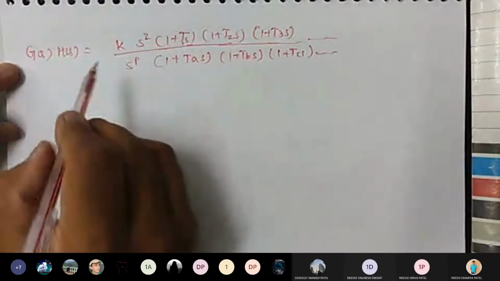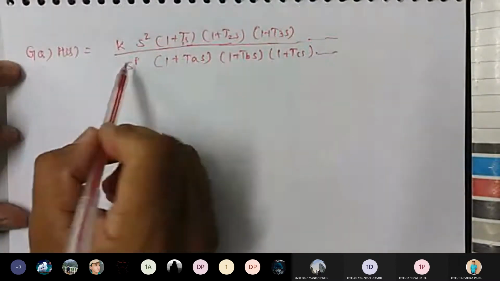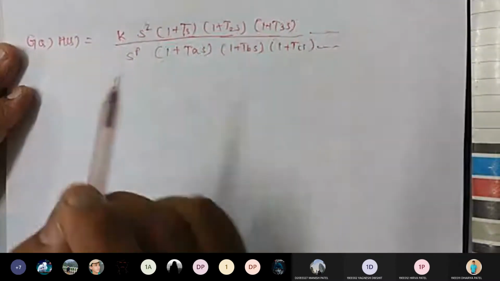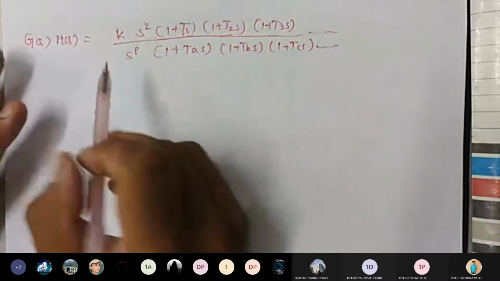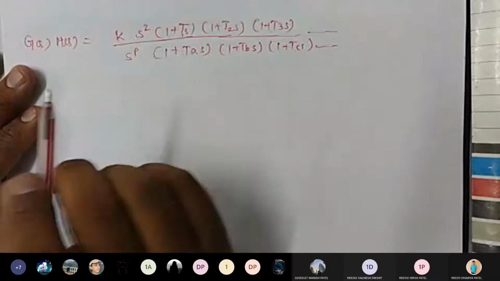Okay, so what are the components which are responsible for stability and which are the factors actually contributing to drawing the Bode plot?